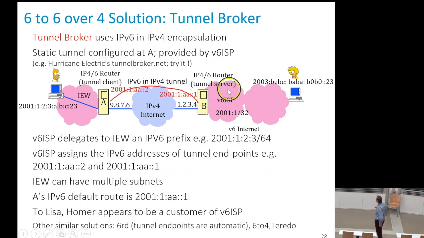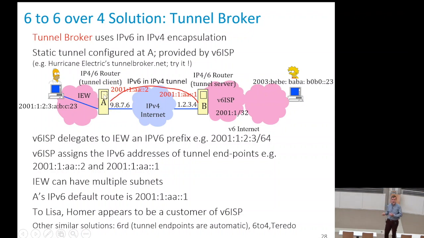In addition, they also give to you an IPv6 address for the two ends of the tunnel, one which is on their side, one which is on our side here. And then, from then on, they accept, and you have to configure your router here, or your computer, if you do it natively, with a virtual interface.